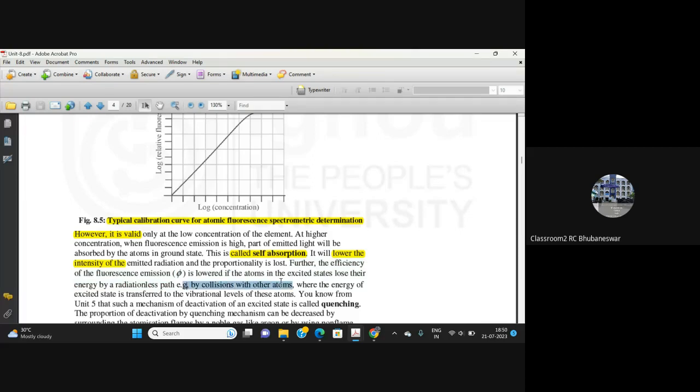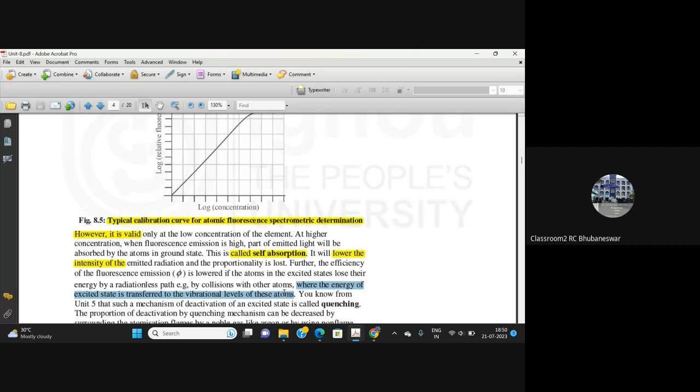If collisional quenching is there, they will bombard among themselves and lose energy that way also. So the intensity may decrease, where the energy of the excited state is transferred to the vibrational levels of these atoms.